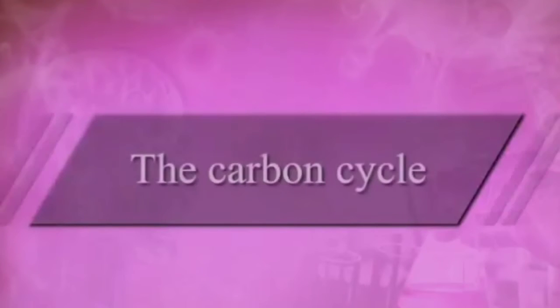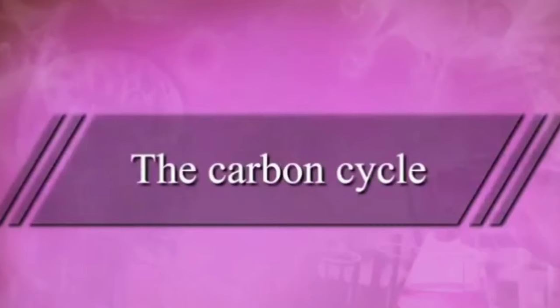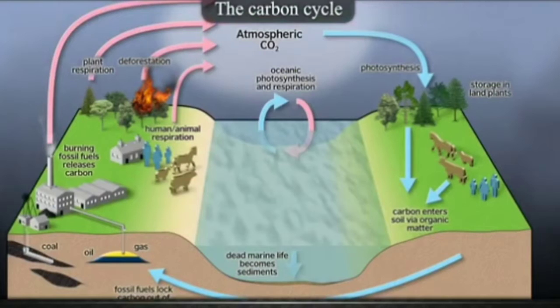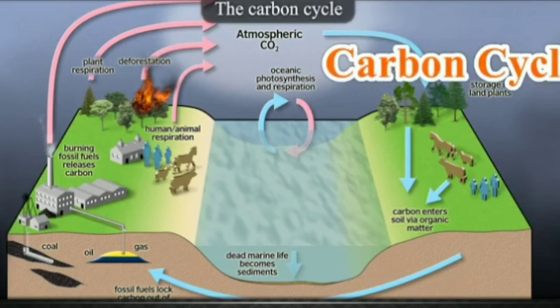Moving to the next is the carbon cycle. The circulation and recycling of carbon from the atmosphere to the living organisms and after their death back to the atmosphere is called the carbon cycle.